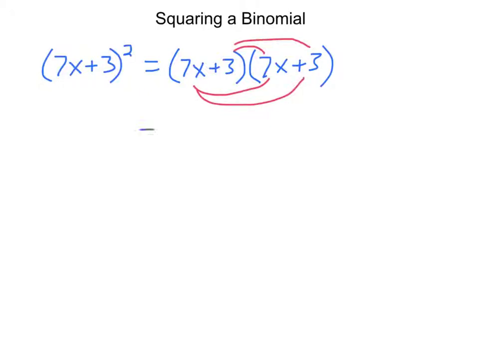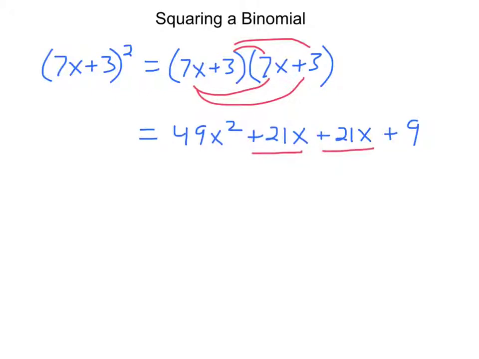So when we do that, first we have 7x times 7x, so that's 49x squared. And then 7x times 3 is plus 21x. And then on the inners, it's 3 times 7x, so that's plus another 21x. And then 3 times 3 is plus 9. And then when we combine the like terms, 21x plus another 21x will give us 42x.